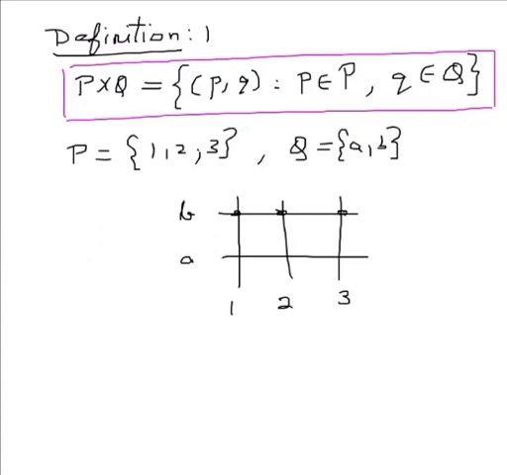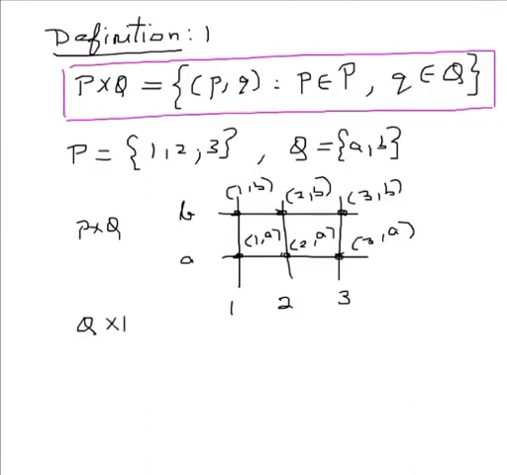So the ordered pairs are 1 comma a, 1 comma b, 2 comma a, 2 comma b, 3 comma a and 3 comma b. These are the elements of P cross Q.